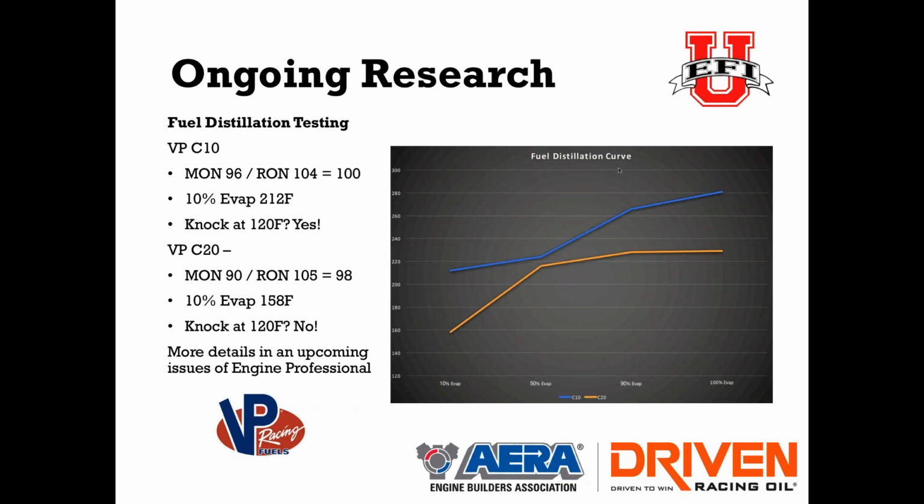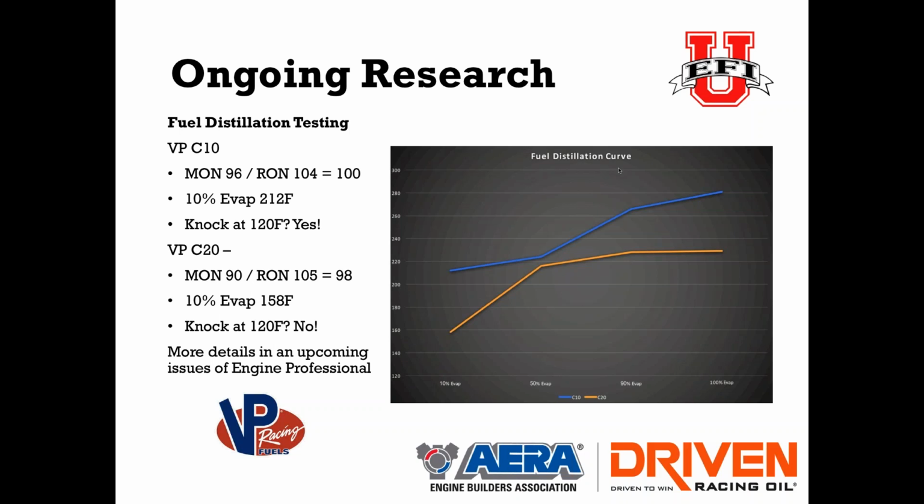If you look at the C20, 50% of the fuel is gone by just around 200 degrees. 100% of the fuel is gone by around 230 degrees, whereas you still have half of the C10 left to evaporate at that same temperature.